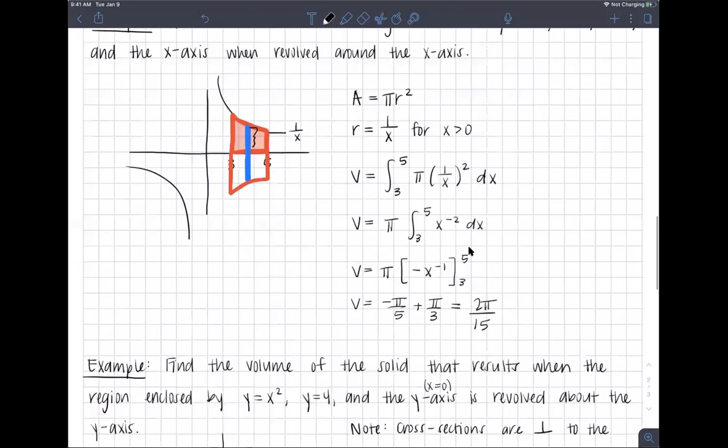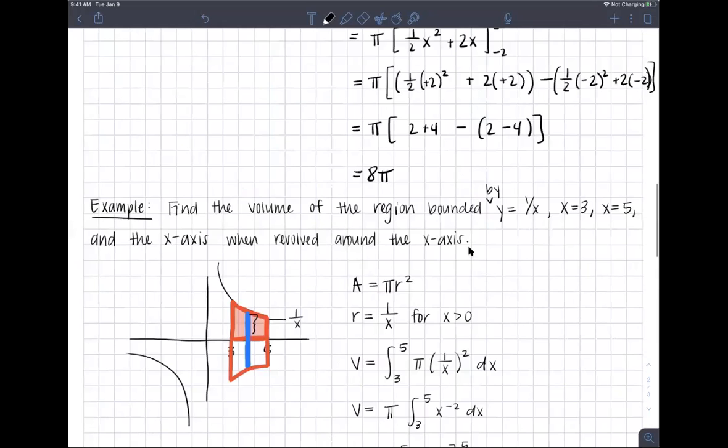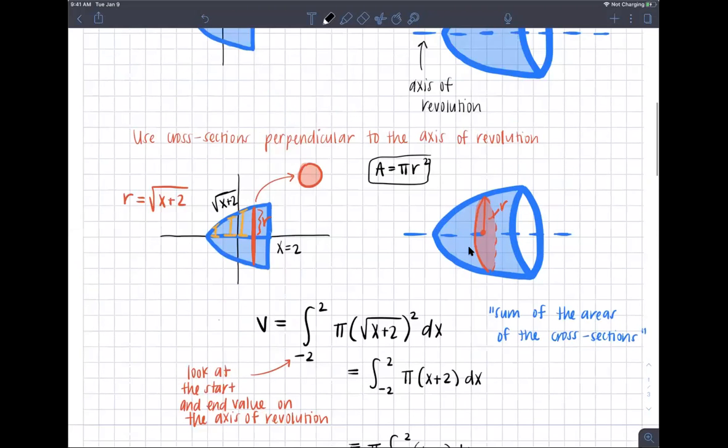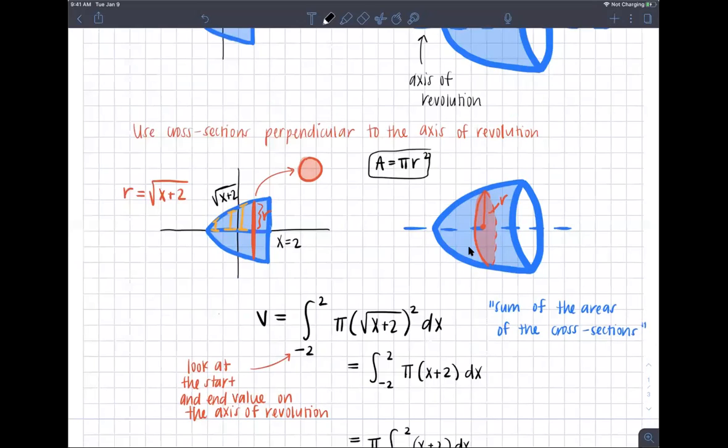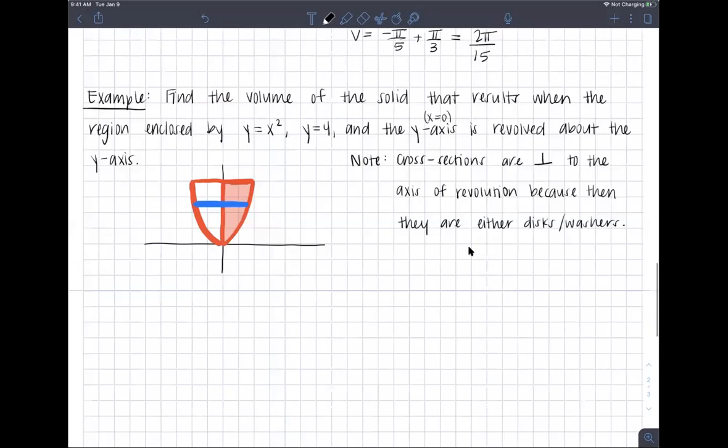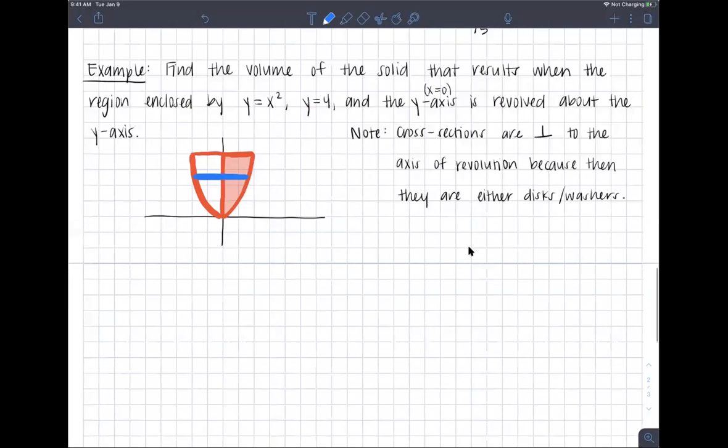When you're integrating with respect to x, your height is given by y. But when you integrate with respect to y, your height now is given by x, right? And so that means that then, yeah, you're integrating with respect to y.